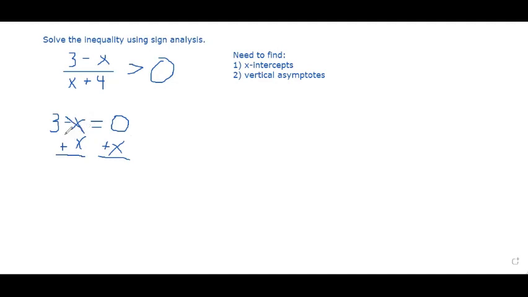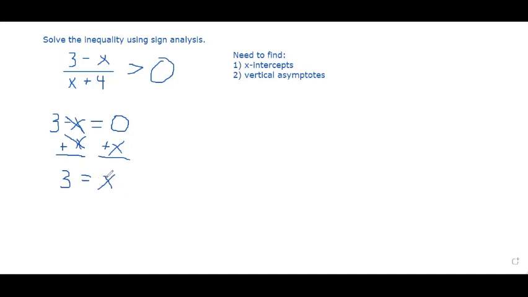We cancel this out. So on the left side, we have just 3 left. And then on the right side, we have 0 plus x. And 0 plus any number is the same number. So we have x like that. Okay, so we have 3 equals x as our solution.